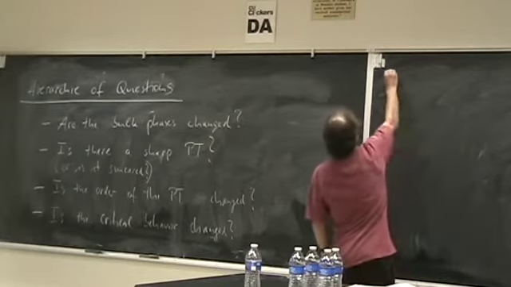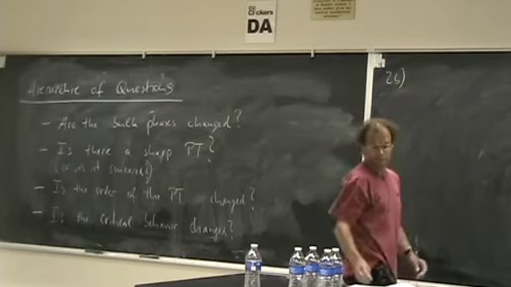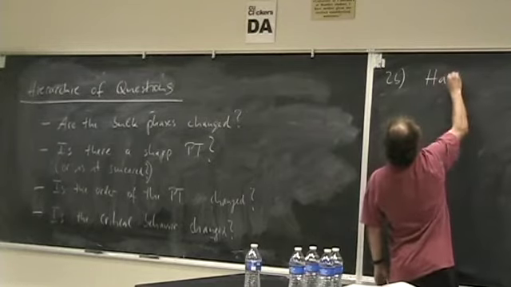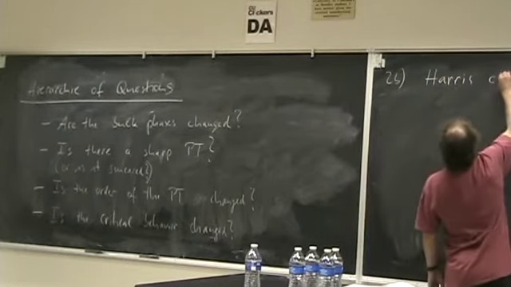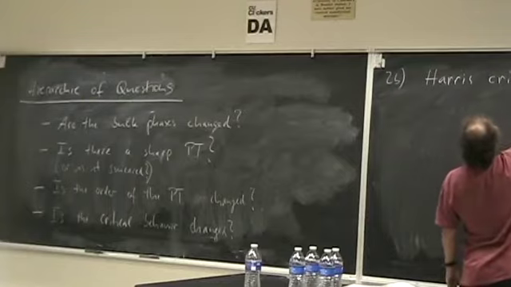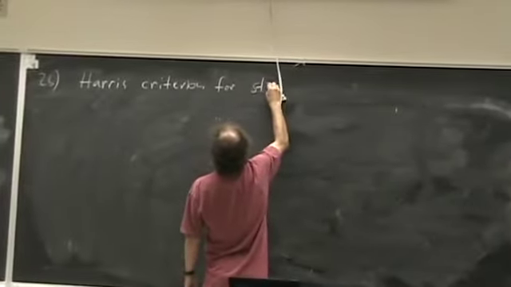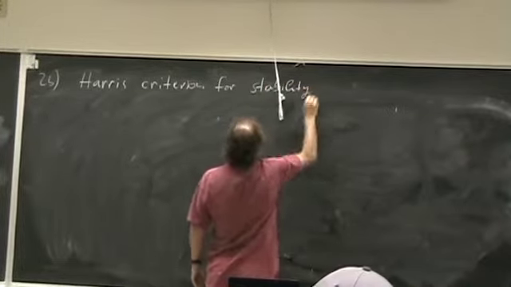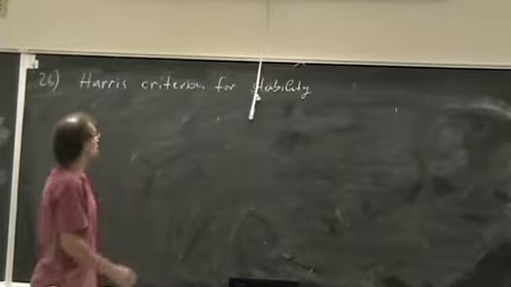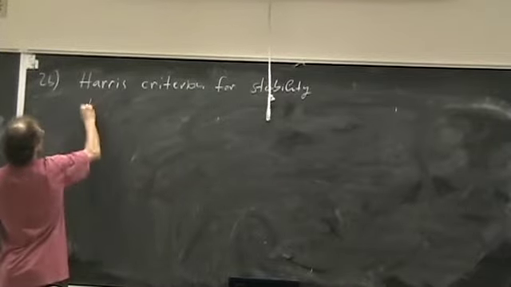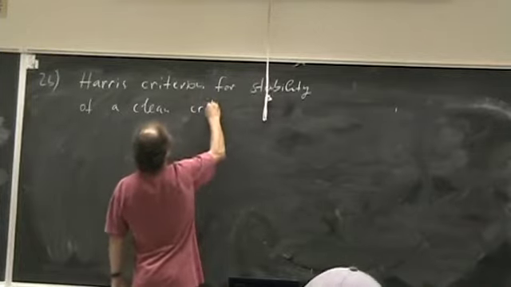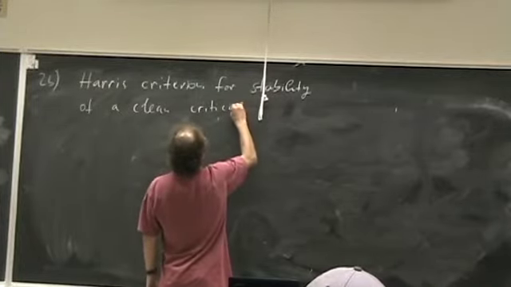So that's 2b in my counting. Stability of the clean critical point.